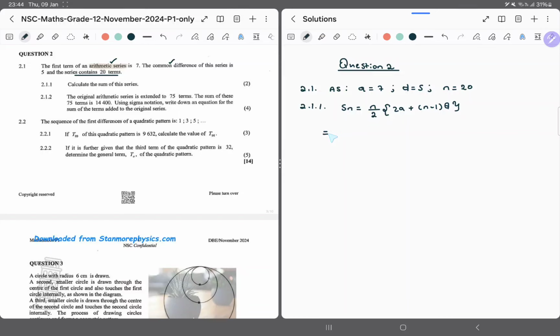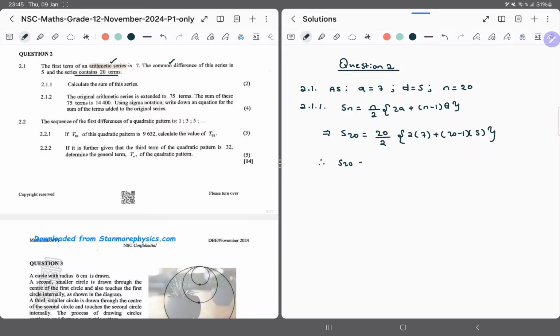Otherwise, it's all unnecessary. So this implies that S20 is going to be 20 over 2 into 2 times 7 plus 20 minus 1 into 5.